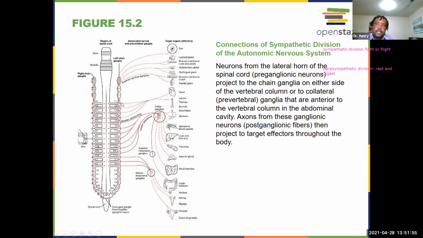And then you can see that that's T1, T2, T3, T4. So all of those are connected in that particular area. And so we can kind of see the organization from the spinal cord up to the point where we're connecting to the effector organs as well.